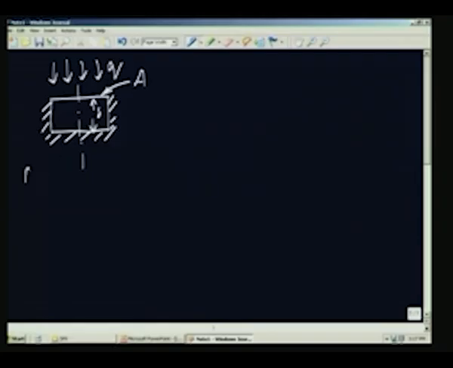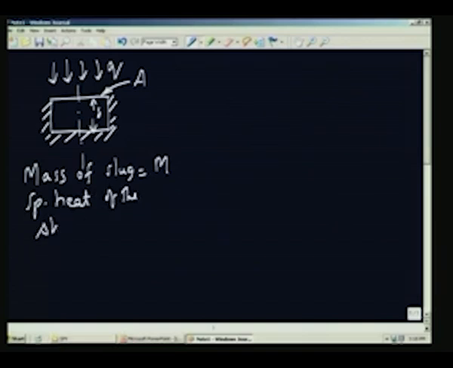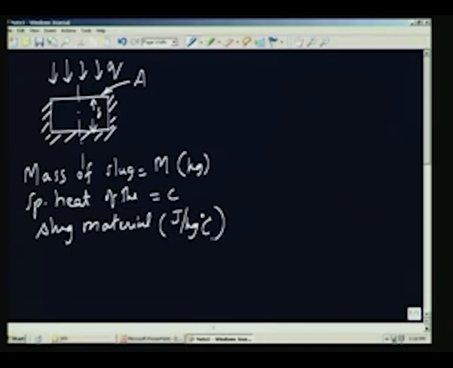So, the slug has got a mass of slug equal to m, and the specific heat of the slug material is C. This will be so many kilograms, and this will be in joules per kilogram degrees Celsius.